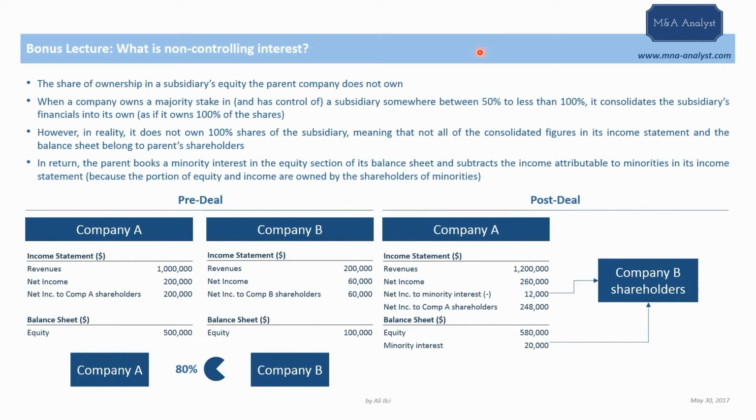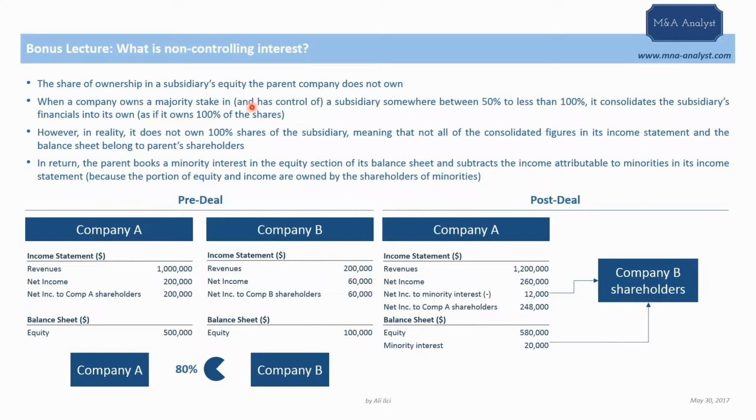When a company owns a majority stake and controls a subsidiary, somewhere between 50% and less than 100%, so it doesn't own 100% of the shares and it's not a wholly owned subsidiary, but it is controlled and majority owned, it consolidates the subsidiary's financials into its own, as if it owns 100% of the shares. So that's what the accounting principle states.